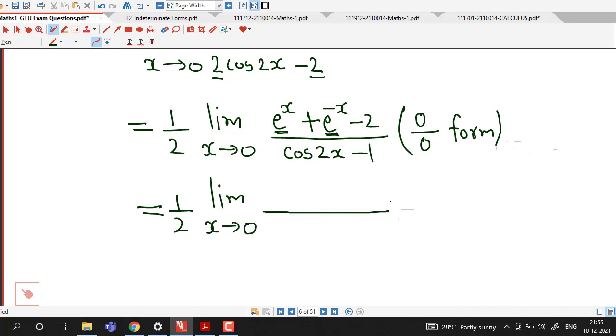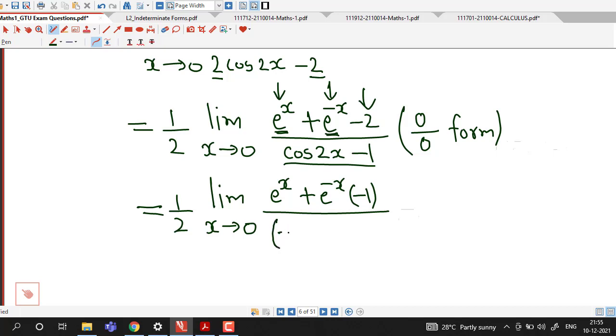Again we differentiate numerator and denominator separately. The derivative of e^x is e^x, plus the derivative of e^(-x), which is e^(-x) into minus 1. The derivative of constant 2 is 0, and the derivative of cos 2x minus 1, that we write in the denominator.